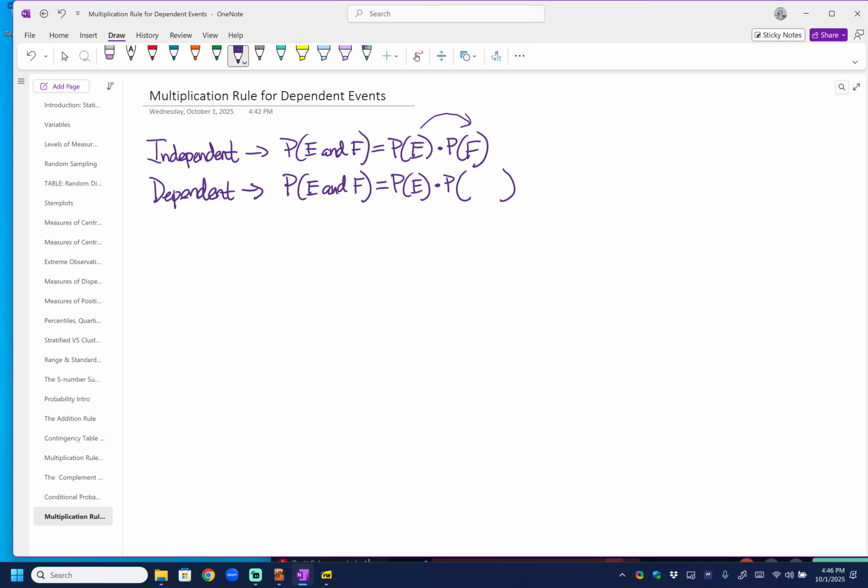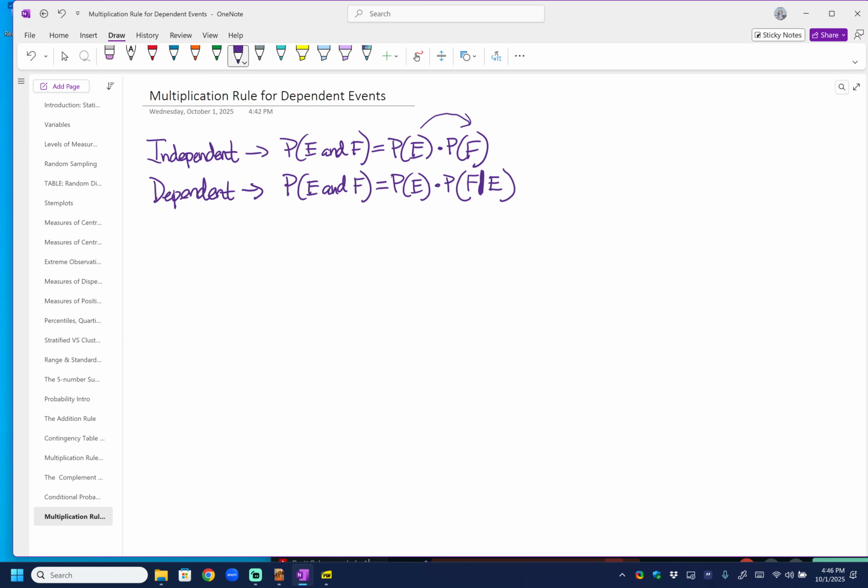So this time, E is going to have an effect on F occurring, whether it's because of lack of replacement or some other underlying thing that changes the dependence. So this time, we are going to find the probability of F, but now we're going to be using the conditional probability that E has already occurred.